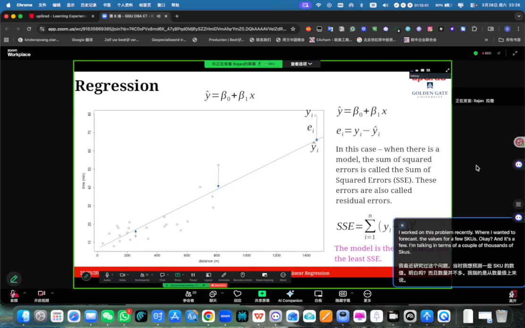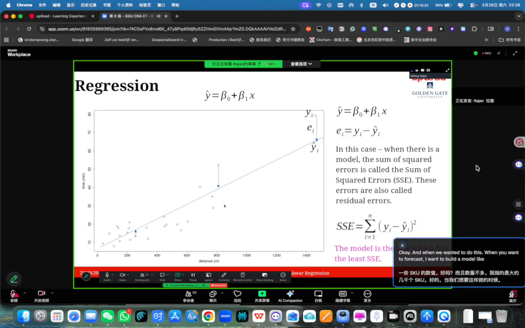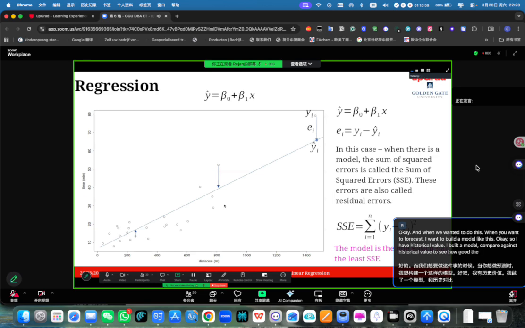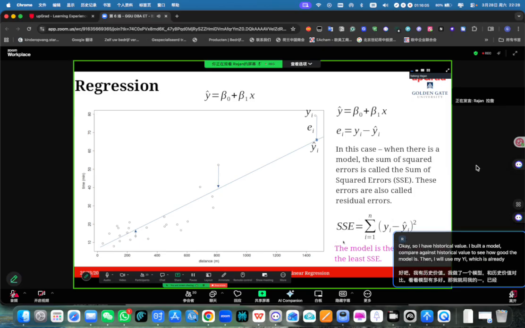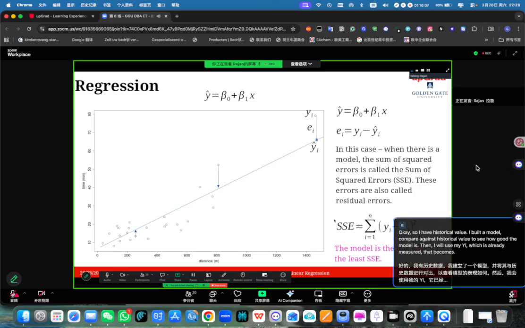When you want to forecast, I want to build a model like this. I have historical values. I build a model and compare against the historical value to see how good the model is. There, I will use my yi, which is already measured. That becomes my supervised learning.